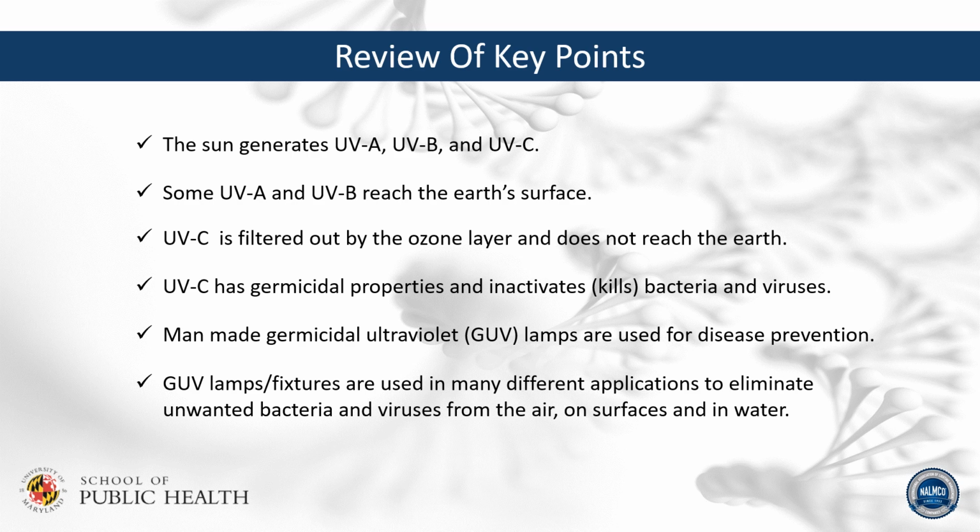UVC has germicidal properties, and UVC inactivates, meaning it kills, bacteria and viruses. Man-made germicidal ultraviolet GUV lamps are used for disease prevention. GUV lamps are used in many different applications to eliminate unwanted bacteria and viruses from the air, on surfaces, and in water.